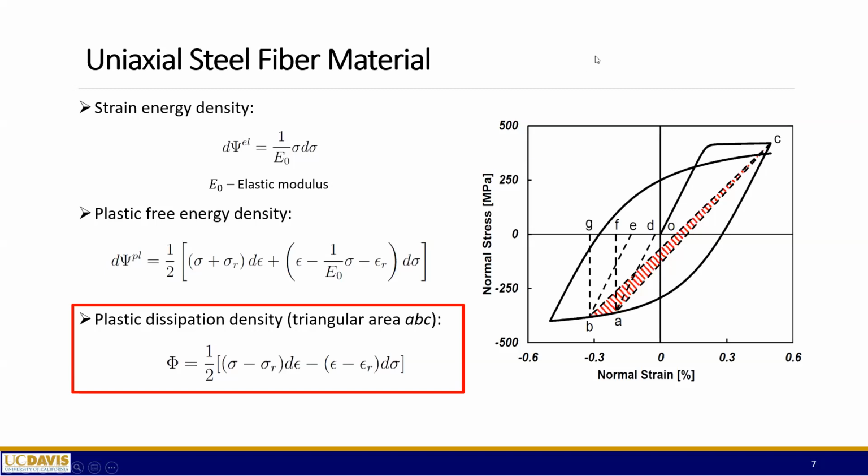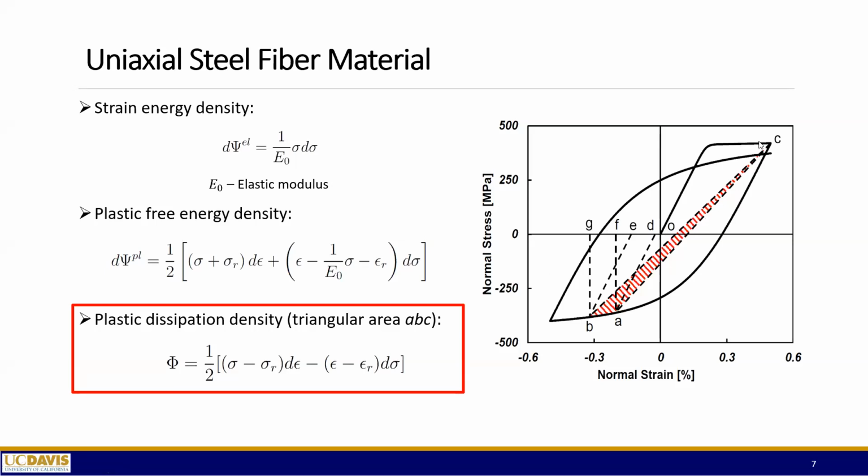To calculate the energy dissipation and really all the energy parameters for this model, we will rely a little bit on a graphical approach. Here, this is again the same mechanical response of the material.